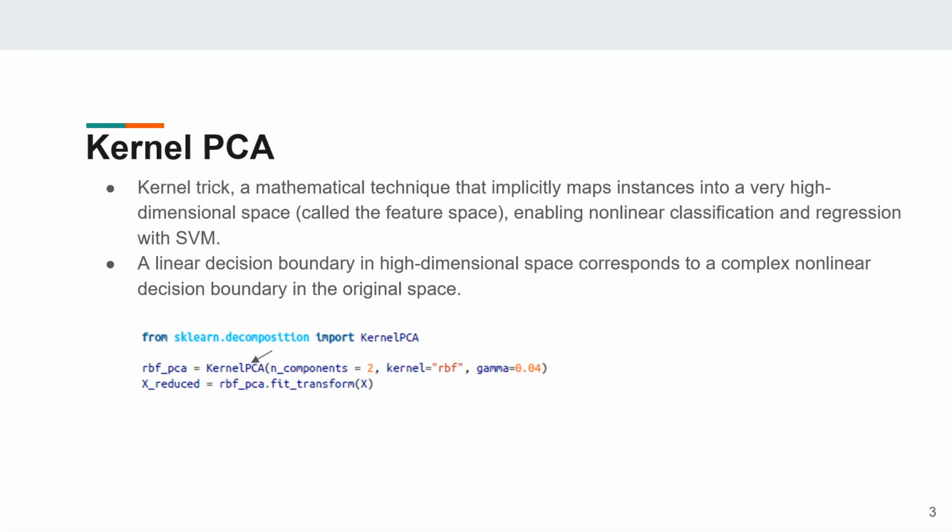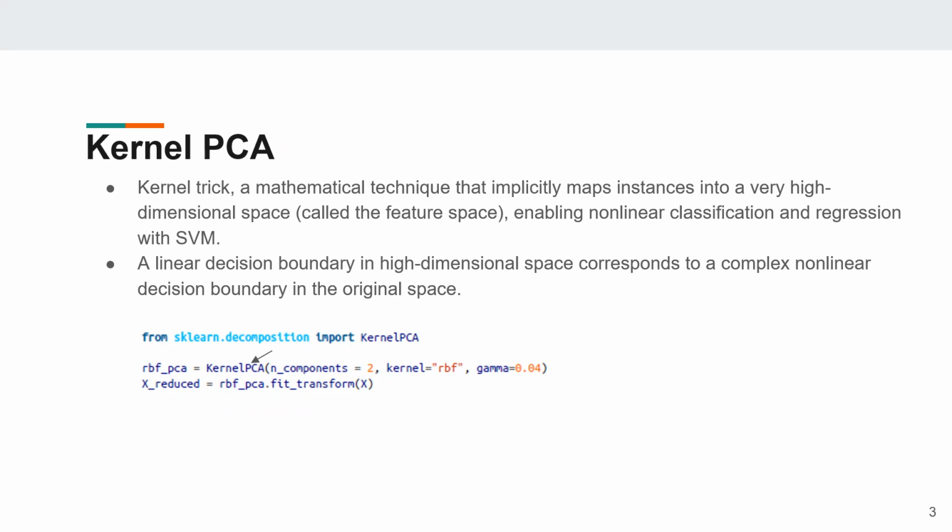In the SVM study, when we studied SVM classification and regression, we introduced something called the kernel trick. The kernel trick is a mathematical technique that implicitly maps instances into a very high dimensional space called the feature space, so that you are able to run nonlinear classification and regression more easily.